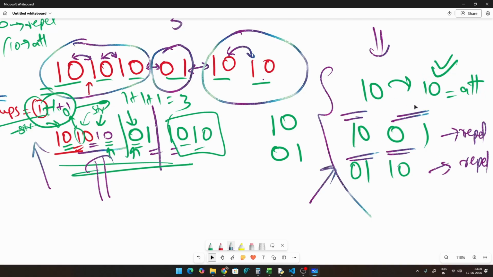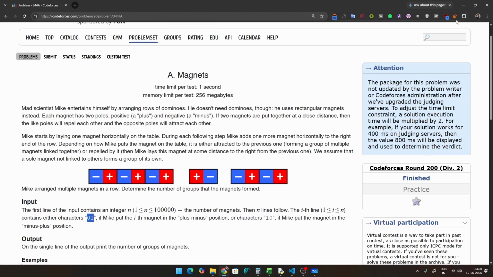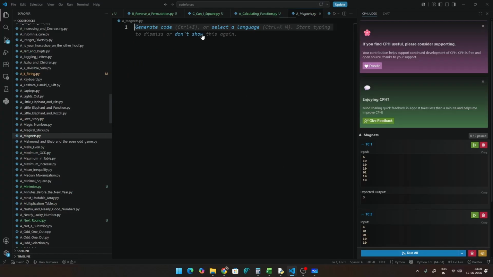If the current magnet and the next magnet are different, we're going to be creating a new group, therefore repelling the magnets and tracking the repulsion as well, so that we can get the total number of groups. If you're able to understand this answer, and I've given you 2 approaches here, try to implement this in your comfortable approach. If not, let's go ahead and implement one of our approaches and see how that looks.